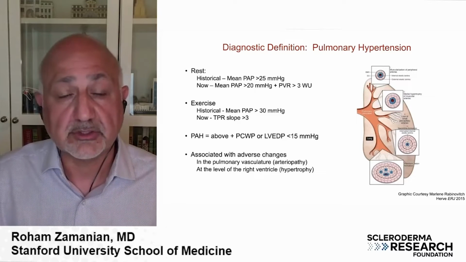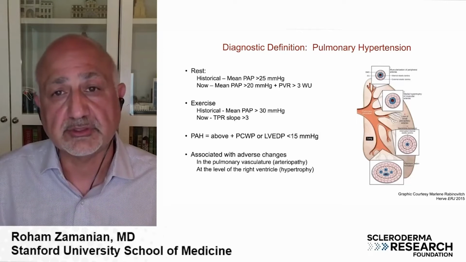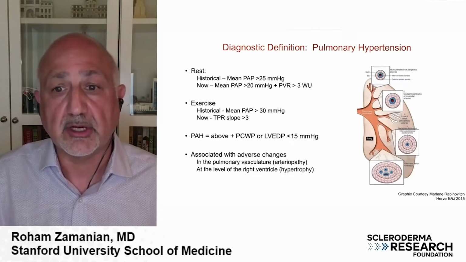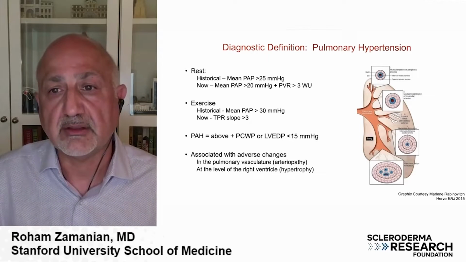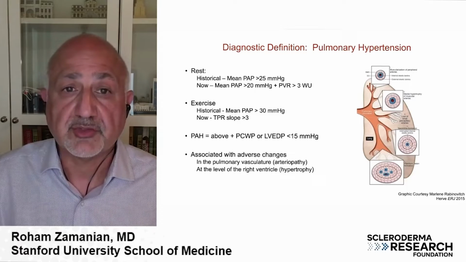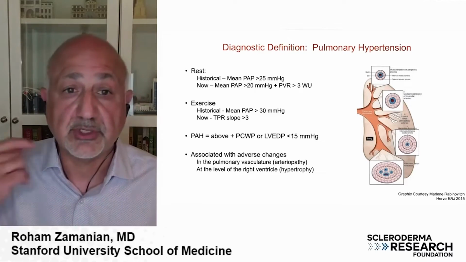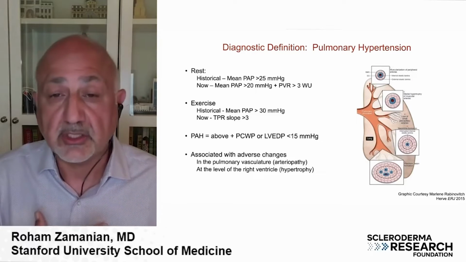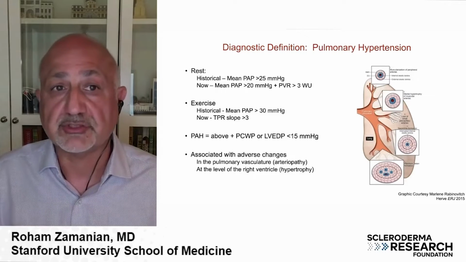So when a scleroderma patient sees their physician and has symptoms like shortness of breath or other symptoms that point to the lung, we always evaluate them for pulmonary hypertension. Pulmonary hypertension is diagnosed by a right heart catheterization, where the catheter goes through the neck or the groin, through the heart and into the lungs to measure the pressures in the lungs.